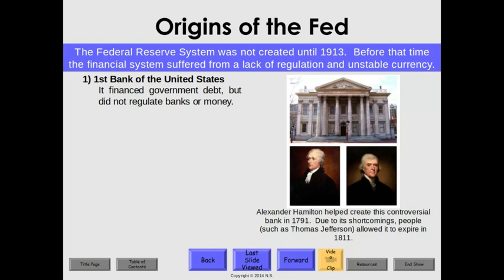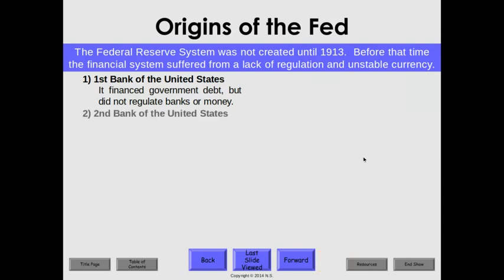When Thomas Jefferson comes to power, remember, Hamilton was a staunch Federalist. Jefferson was a guy who liked the idea of an agrarian republic, and as a result of that, or in part due to that, Jefferson decides not to renew its charter.